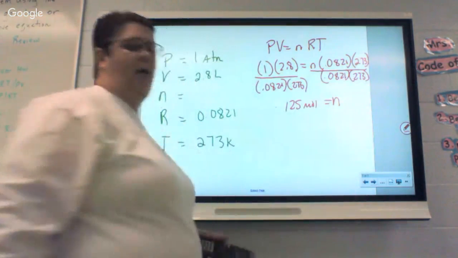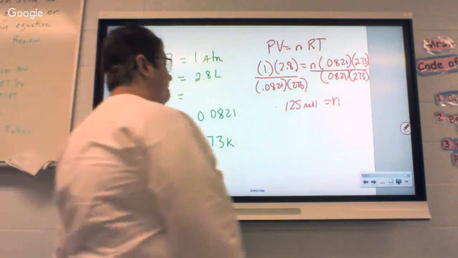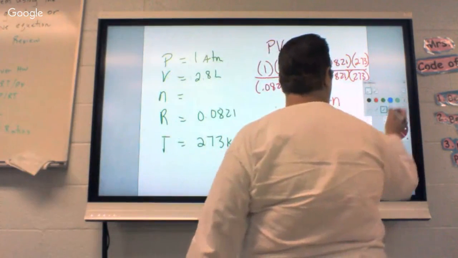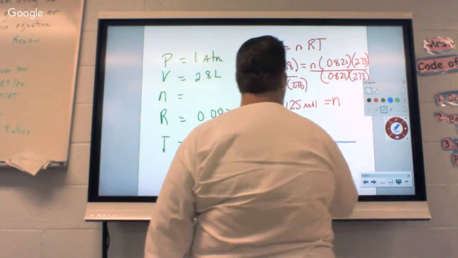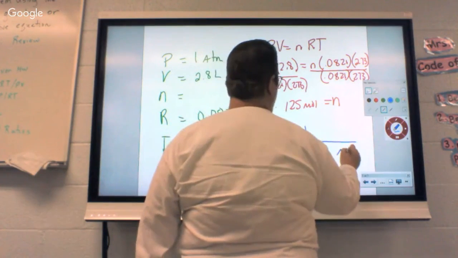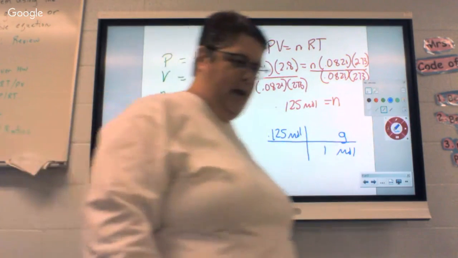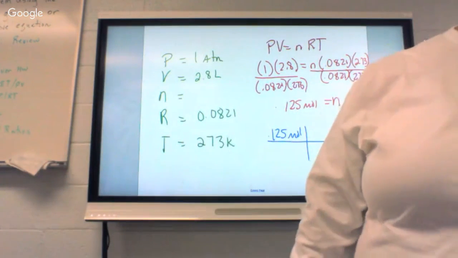All right, so if that's our moles, now we need to do what? Convert it to grams. So now we're just going to take our T chart and go 0.125 moles. Moles, grams, 1 mole. What compound did they give us in this question? CO2.